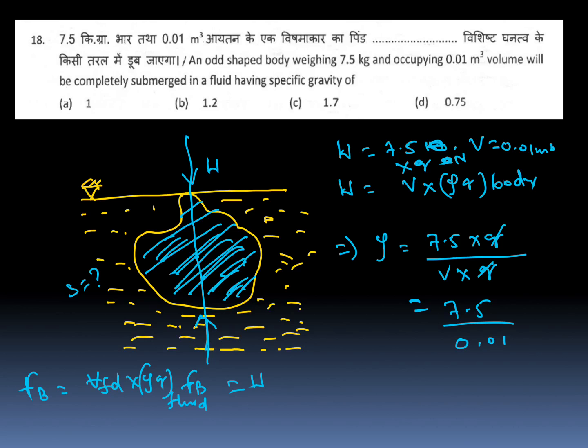Rho of fluid equals W, which is 7.5 into g, divided by volume of fluid displaced. It's completely submerged, so it equals the volume of the full body, into g.